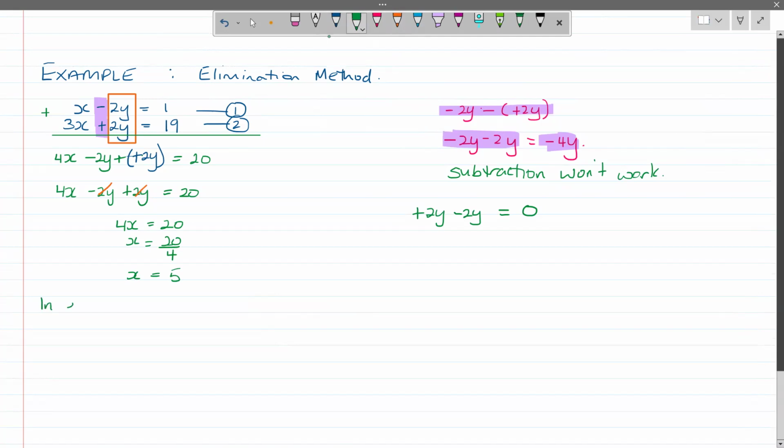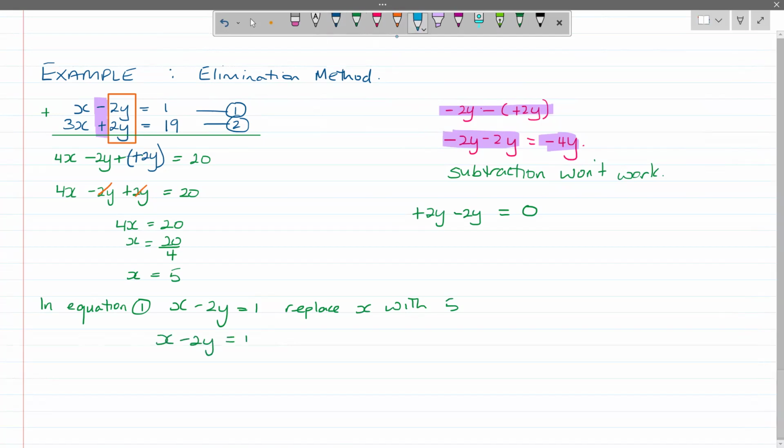Now, in equation 1, which is x minus 2y is equal to 1, we want to replace x with 5. So x minus 2y is equal to 1. I'm going to replace this x here with a 5.